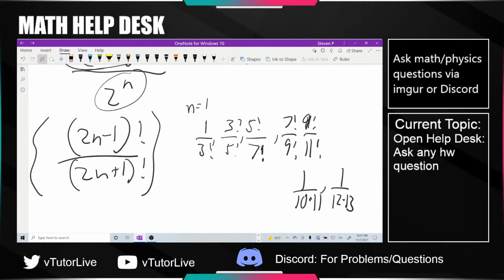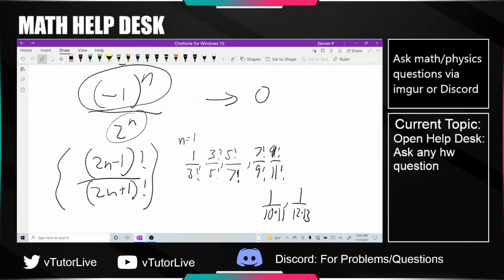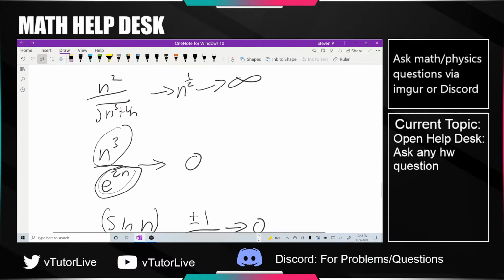So essentially, whenever it goes to a small number over a big number, it goes to 0, and a big number over a small number, it goes to infinity. I guess so. Yeah, I wish I could generalize a little bit better. But basically, anytime you can try to simplify it a little bit, maybe look for a little bit of cancellation.